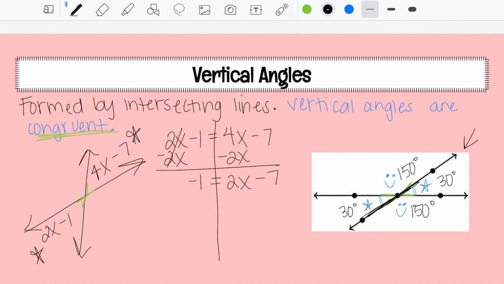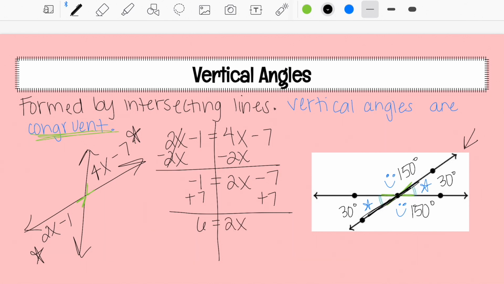So I've now gotten all my variables on one side, but my constants are not on the other. So I need to move the negative 7 to the other side. And I can move that by adding 7 to both sides. Negative 1 and a positive 7 makes a positive 6.